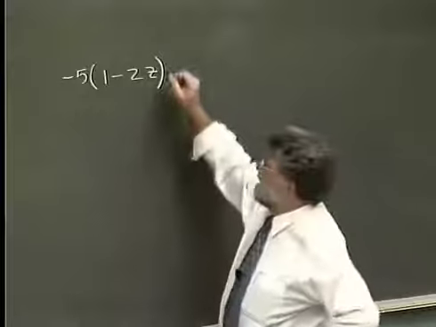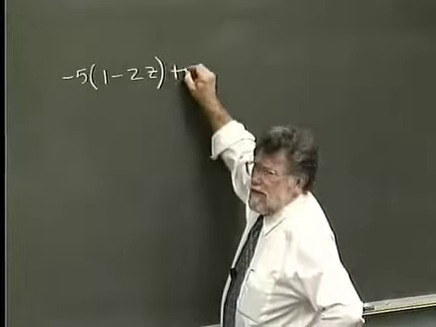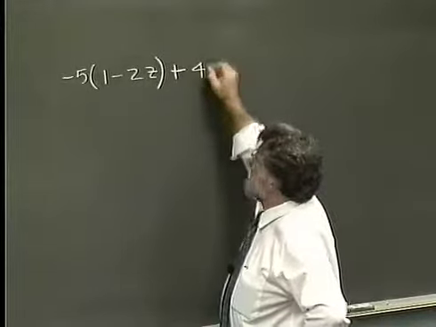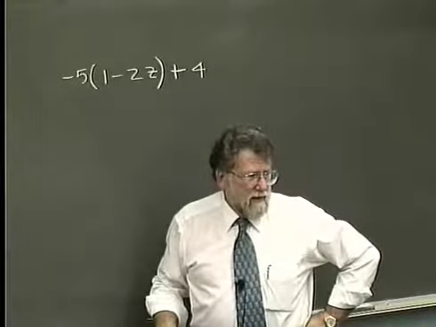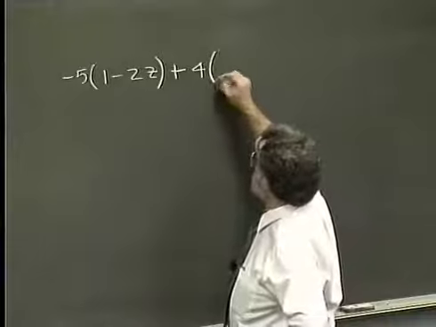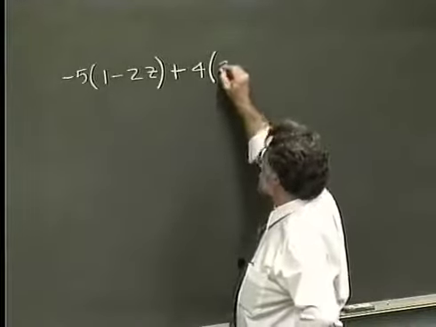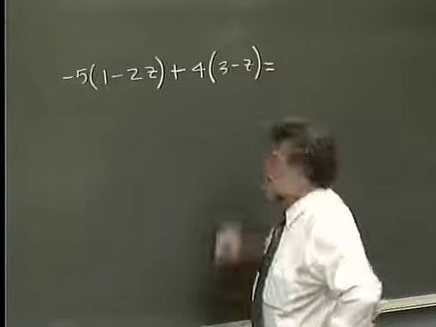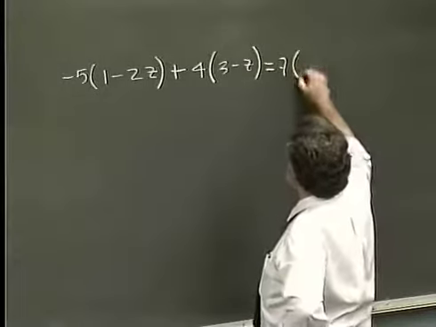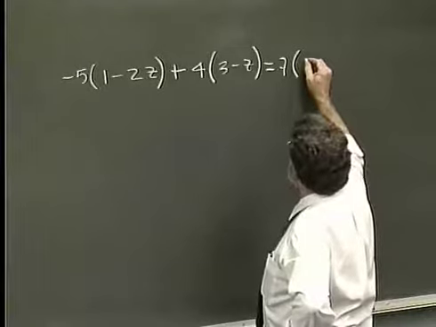Okay, I know that's not all. Continue. Plus 4 times the difference, 3 minus z, 2z, equals 7 times the sum of 3 and z, 3 plus z.